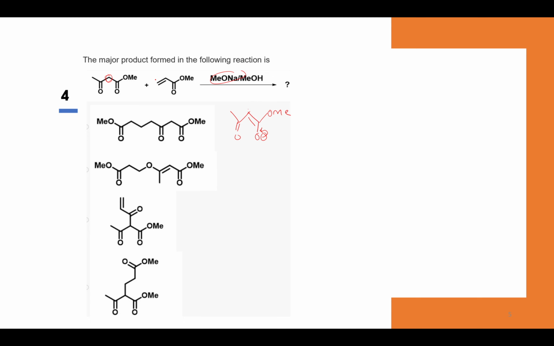So here 1,4 addition will be preferable. Why 1,4 addition? I have already discussed soft and hard nucleophile interaction, right? So because of this, it will attack on this carbon and the charge will get shifted over here. So here we will get the product.